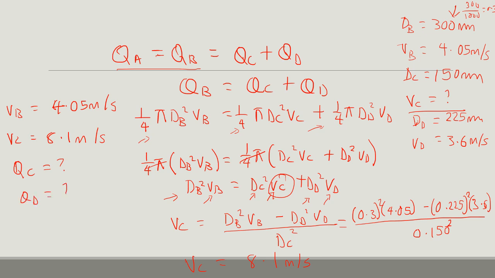Well, that's not so difficult now, because QC is equal to AC times VC, and we already know VC, and QD is equal to AD times VD. We know both, so now we can just easily solve.